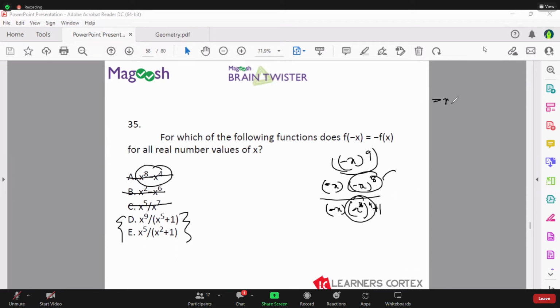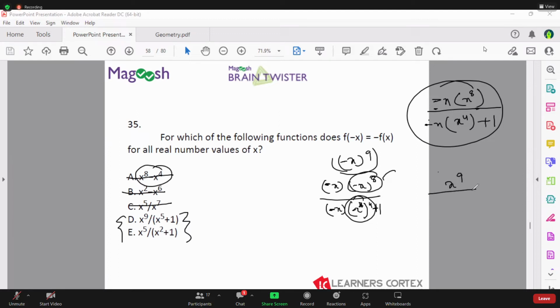So it will give us minus x times x to the power 8 over minus x times x to the power 4 plus 1 separately. The thing is, you can take out the minus sign here as common. So the minus and minus sign would get cancelled.